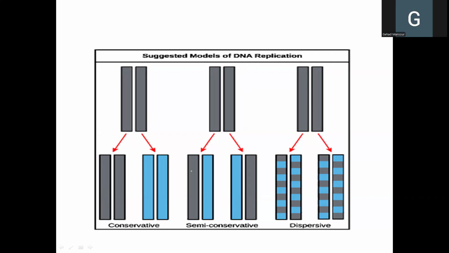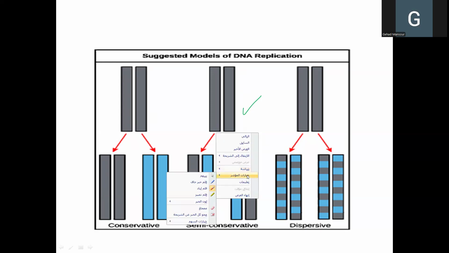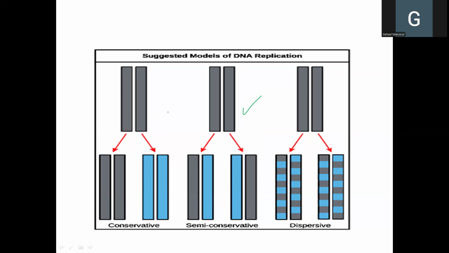What's the difference between them? The semi-conservative replication is the most accepted one, and there were experimental proofs for it, and that's why the hypothesis was the most accepted, and the other two theories were rejected.